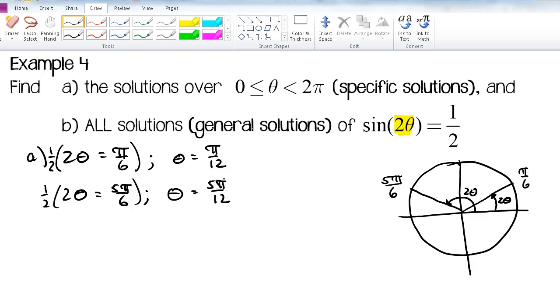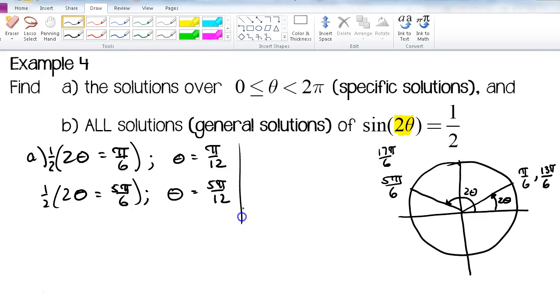Now, one more thing we want to consider here is what will happen if I go around one more time. So if I continue going around my unit circle, my next value I hit in the first quadrant would be 13 pi over 6, and my next value here would be 17 pi over 6.